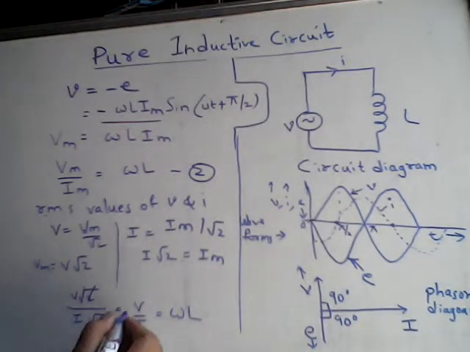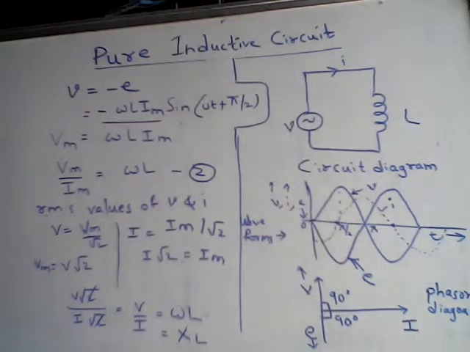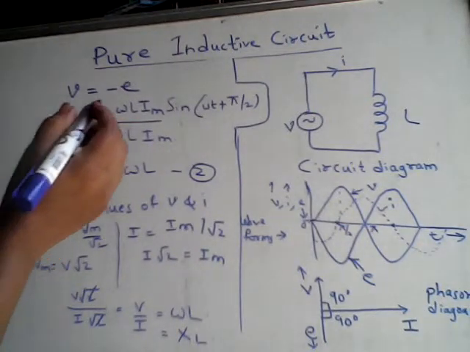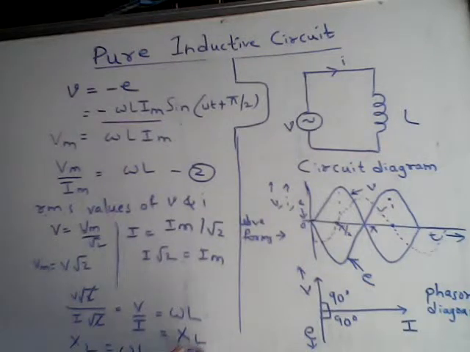And this ratio V by I, which is omega L, is also represented as XL. XL is the inductive reactance of the circuit. The inductive reactance of a pure inductive circuit is given by XL equal to omega L, and this is also given by 2 pi f L, because omega has the value of 2 pi f.